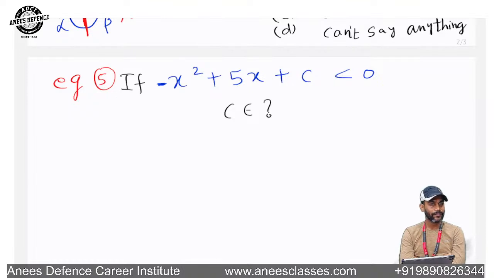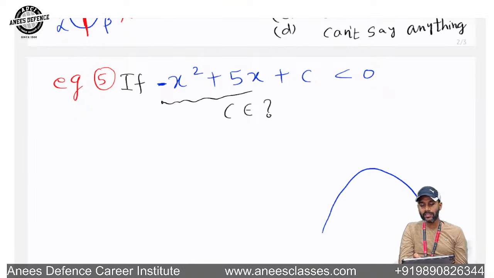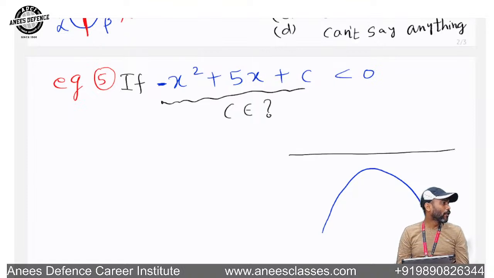A is negative, it means a downward parabola. Very easy. Since the whole function is negative, it means it should lie below the x-axis, so the x-axis should be above this particular graph. This is your x-axis. Since a is negative, I have drawn a downward parabola.